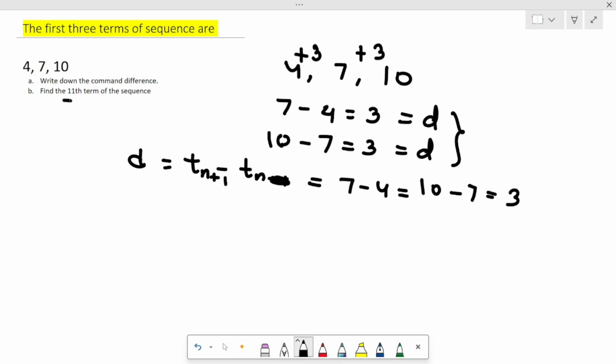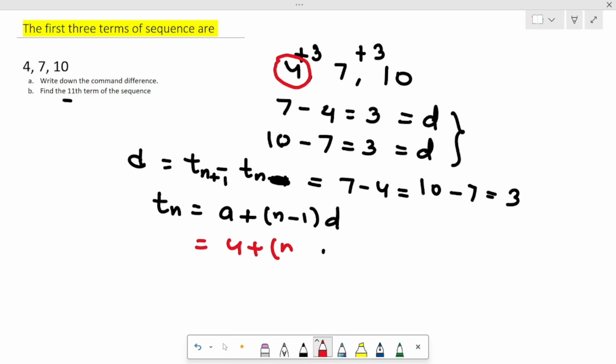Now they are asking what the 11th term will be. The 11th term means we have to use the Tn formula. Tn is equal to A plus (n minus 1) into D. Now we have to identify the first term, which in this case is 4, so I am going to substitute 4.